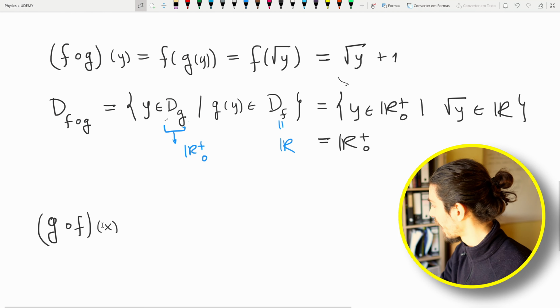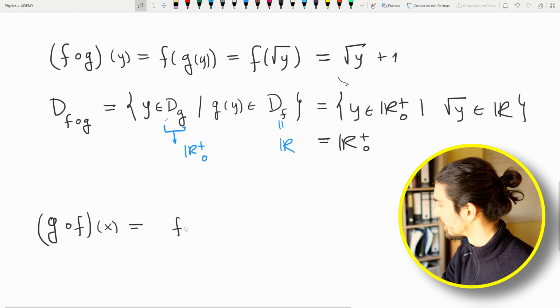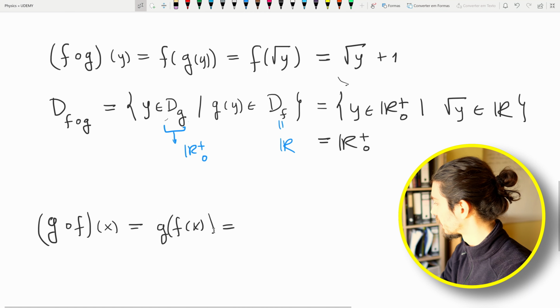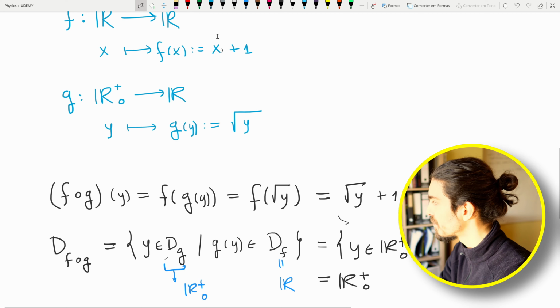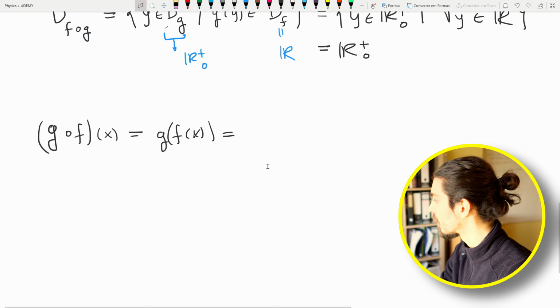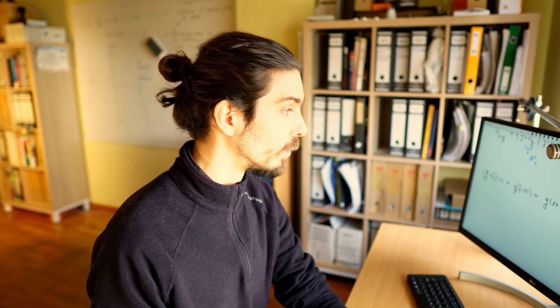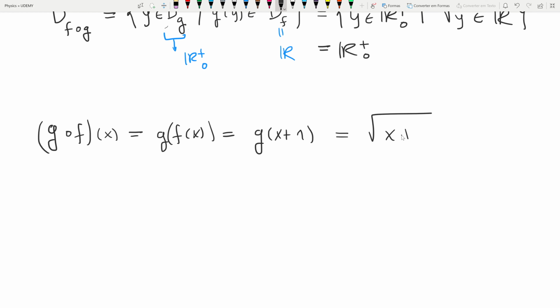So first f acts on x, and then g acts on this number. Okay? So as a consequence, now we know what f of x is, it's here. It's an abbreviation for x plus 1 for this number. So we have g of x plus 1. But what is g of x plus 1? Well, it's a square root. Square root of x plus 1.